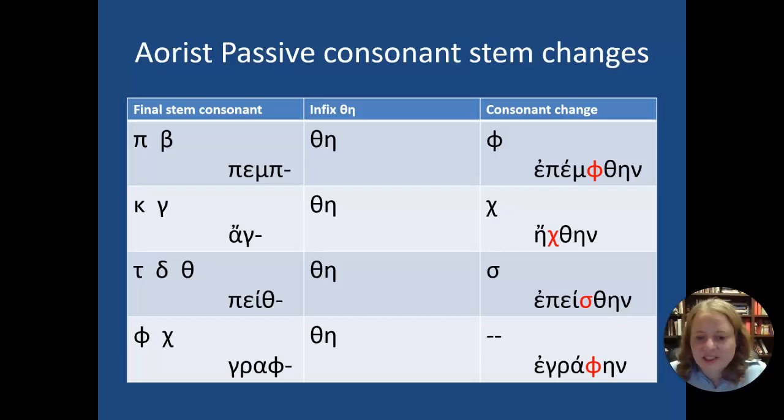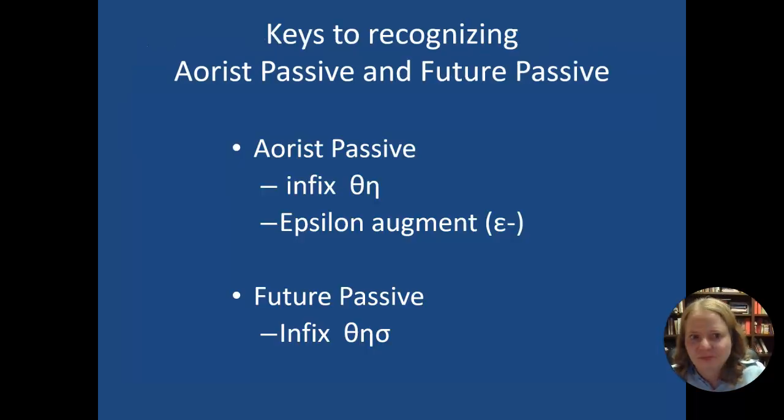So graphthe is actually going to be losing the theta. So those are pretty unusual. So I think the majority of the time, 96, 97% of the time, you're going to find the theta and you're going to be fine. Something like egraphthen we'll have to work on if we've come in contact with something like that.